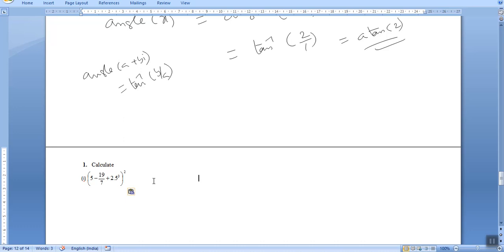How to write our MATLAB code? Total whole square: 5 minus 19 by 7 plus 2.5, the power is the caret symbol, bracket caret 2. Simply type this and you will get the required value.